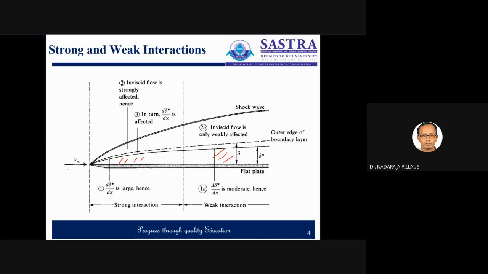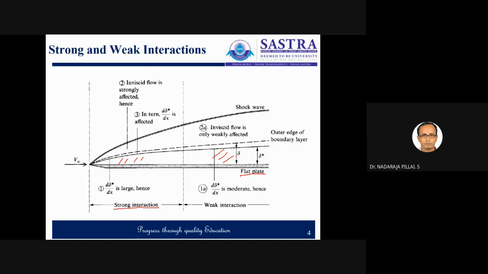Let us say this is V infinity, the velocity at a very high value, and this is a flat plate experiencing the free stream velocity V infinity. We categorize this particular area as a strong interaction region, which has the following physical effect.